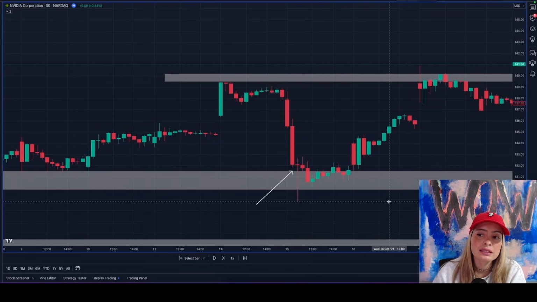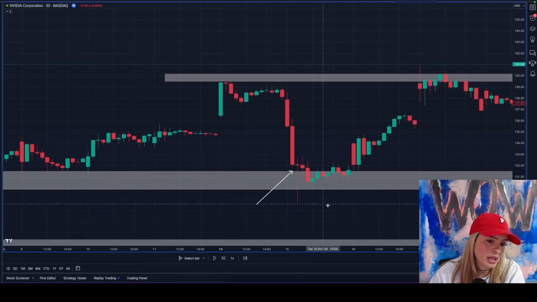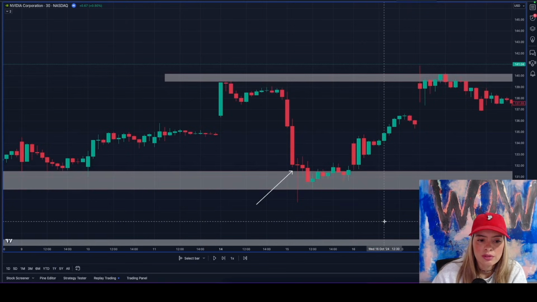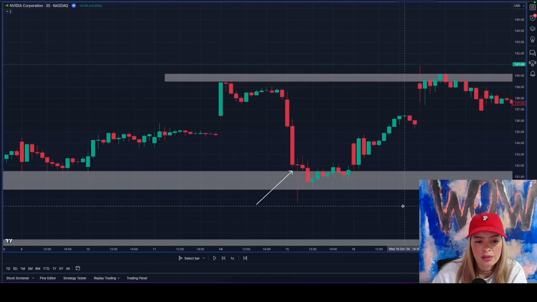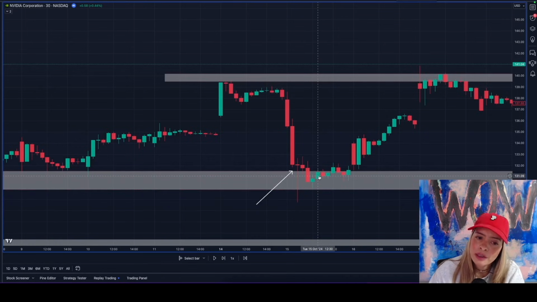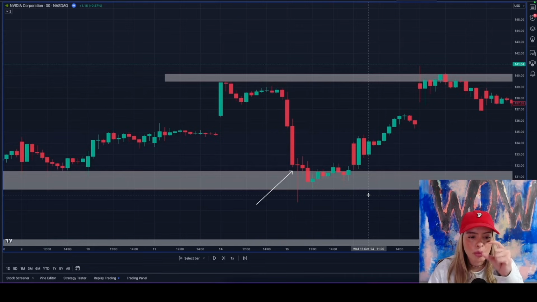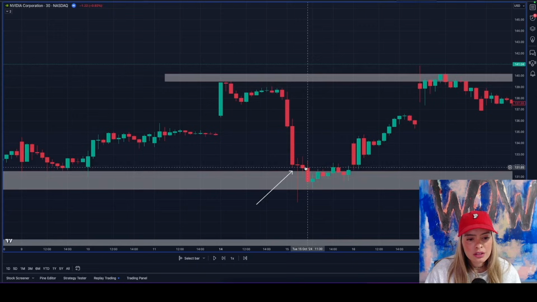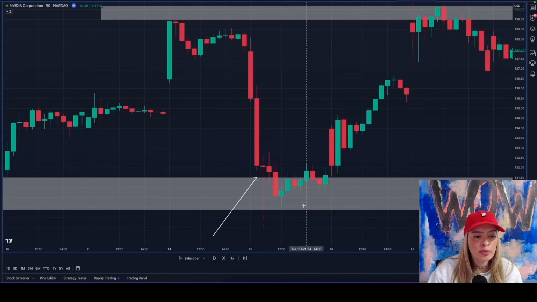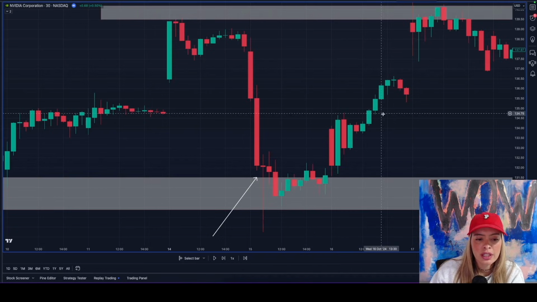So there, I still have no confirmation that the market wants to hold this little level, right? And then we have the next one. It's an indecision candle. And the next one is a little bit more bullish because we can see the body of the candle is a little bit bigger, but it's still not engulfing the one before. So not enough of a strong move for me to be confident on trading the upside.